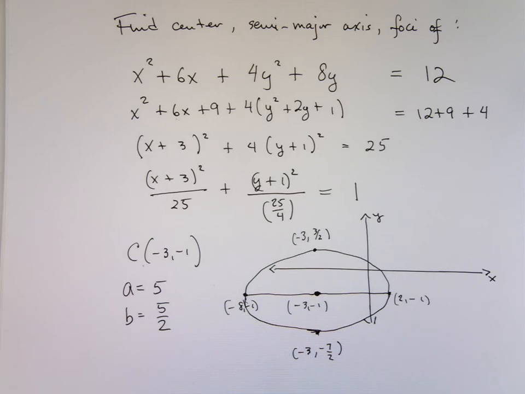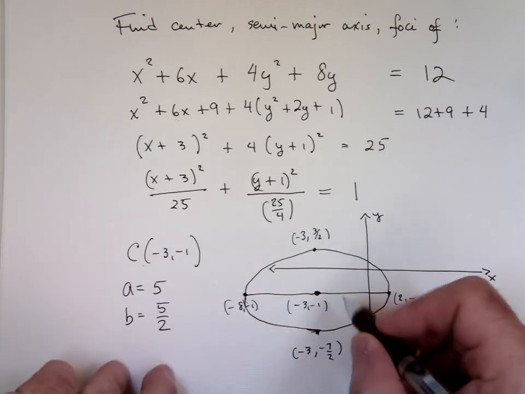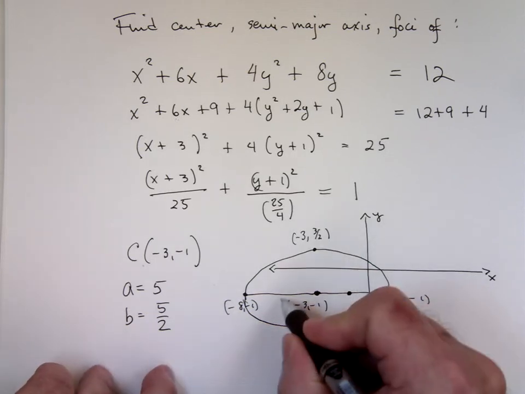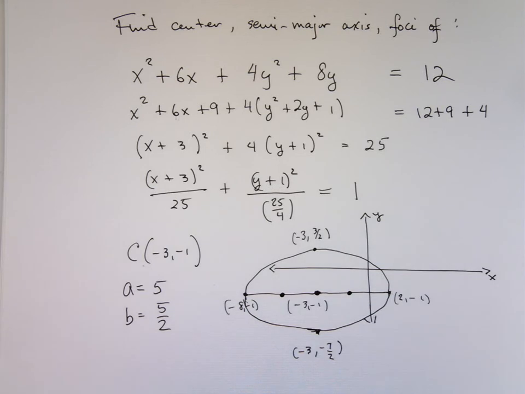And now we have to find the two foci. In order to find the foci, we're going to have to find out what c is. Okay, well, to find c, what do we know?